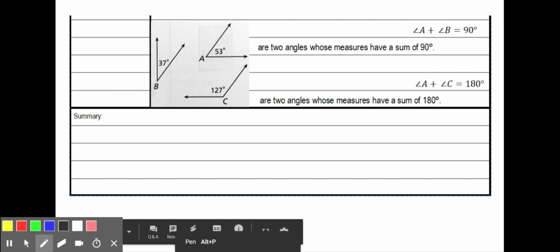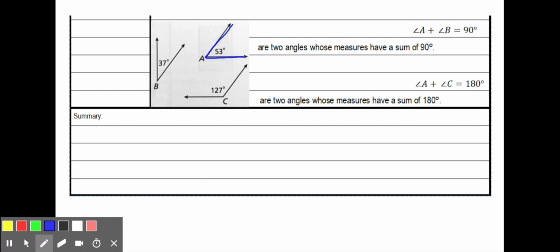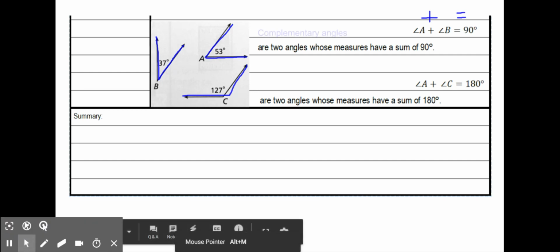All right, here we see three angles. Angle A measures 53 degrees, angle B 37, and angle C 127 degrees. So when we have two angles that add up to give us 90 degrees, we call those angles complementary angles.